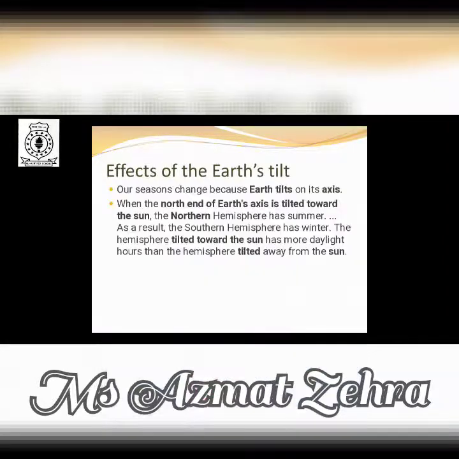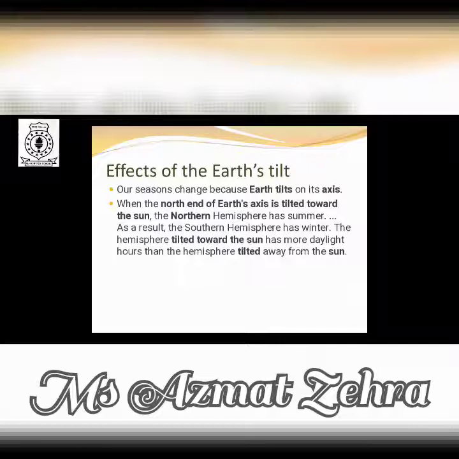Now, what are the effects of the earth's tilt? Because of the Earth's tilt, our seasons change. When the North Pole of the Earth's axis is tilted toward the Sun, the Northern Hemisphere has summer.